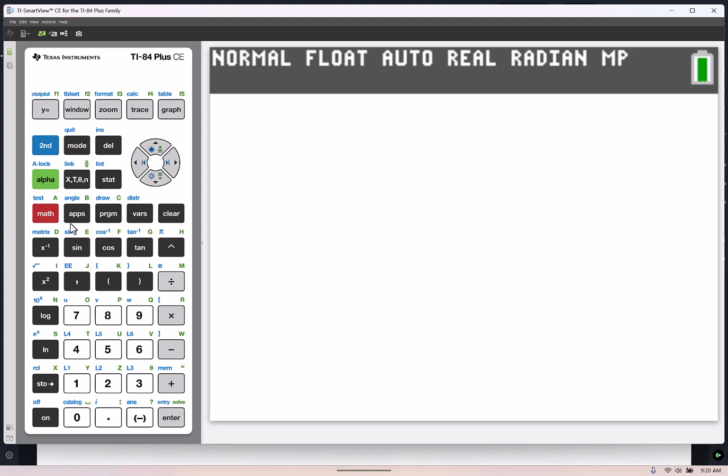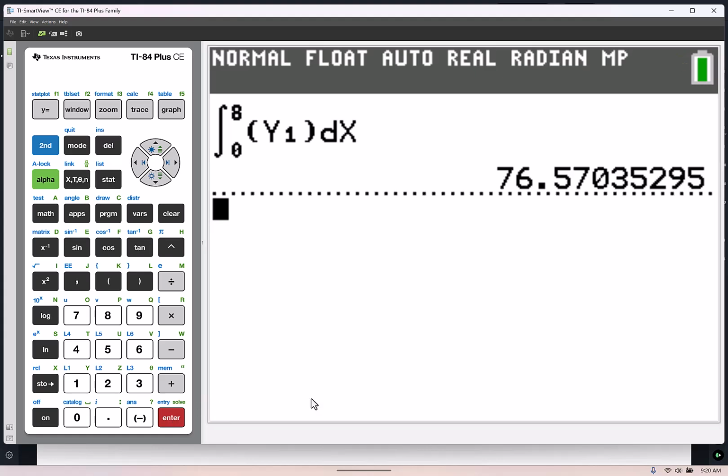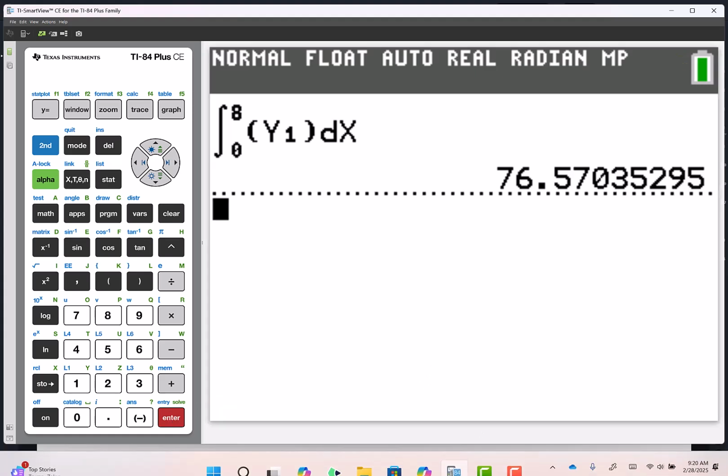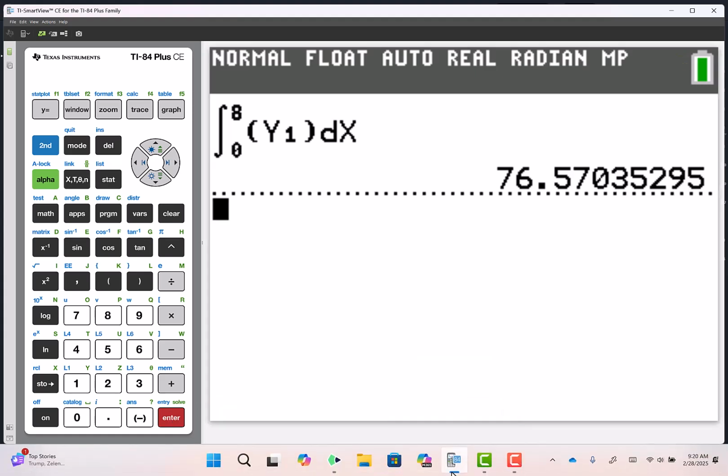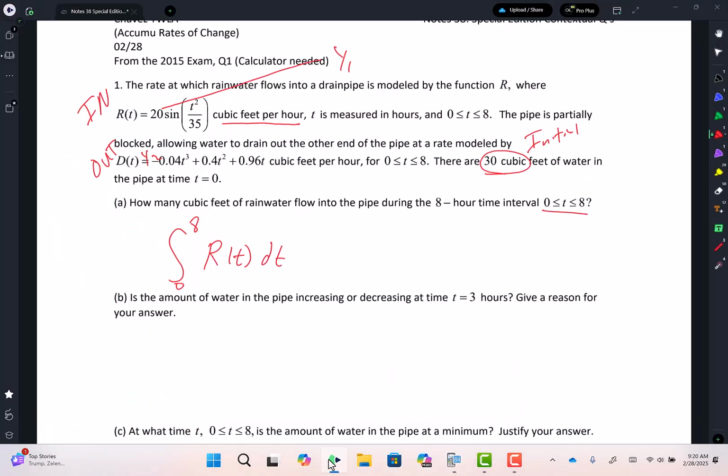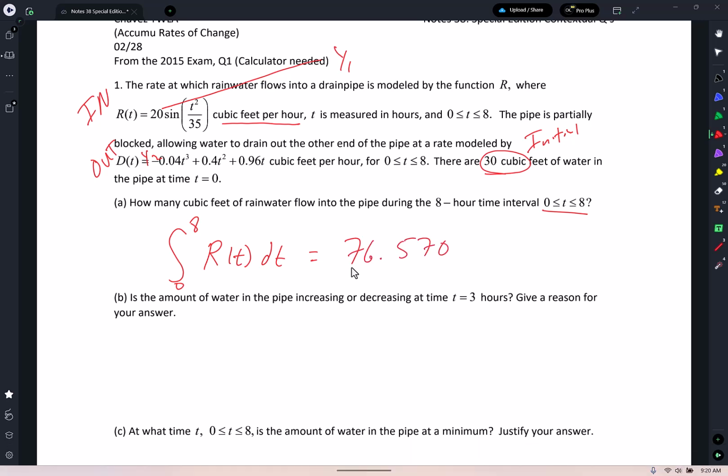I'm going to go math 9, 0 to 8. I have r of t in y1, so alpha trace y1, and I'm going to put an x here, and I'm going to push enter, and then 76 point, how many digits do I need after the decimal? 3, at least 3. 570, so 76.570, and if there's units, put units.